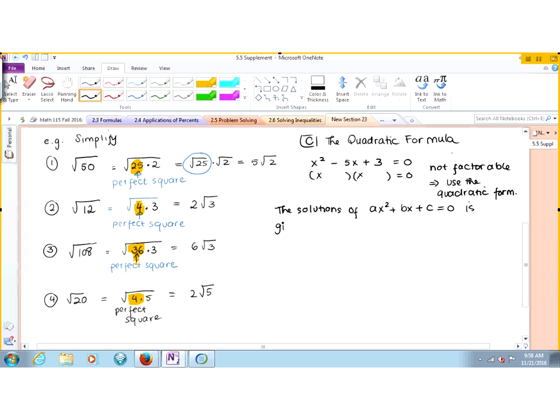It is given by x equals negative b plus or minus square root of b squared minus 4ac, all over 2a. So this is called the quadratic formula.